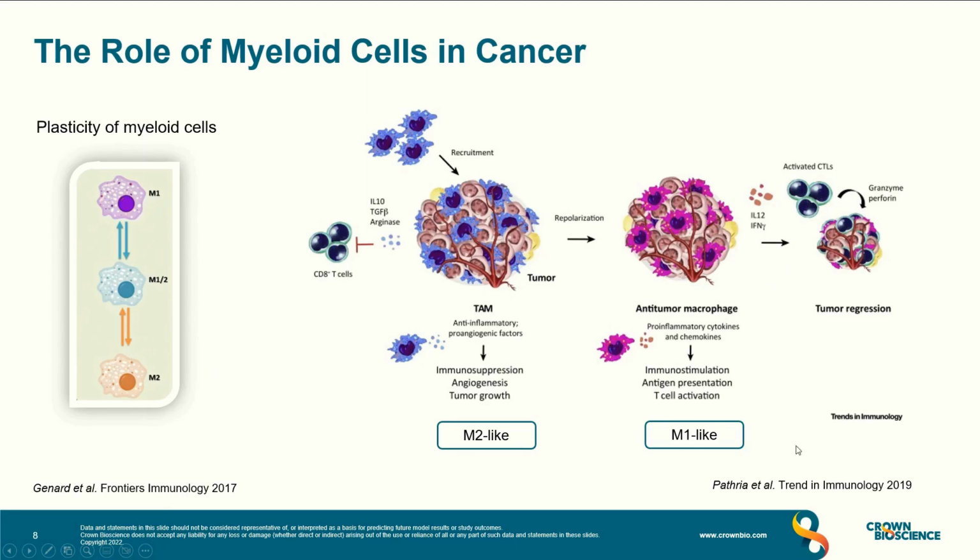Then on the other side, we have the polarization phenotype that we call M1, which is an anti-tumor type, or at least a macrophage type associated with anti-tumor activity, which is pro-inflammatory and stimulates antigen presentation and T-cell activation.